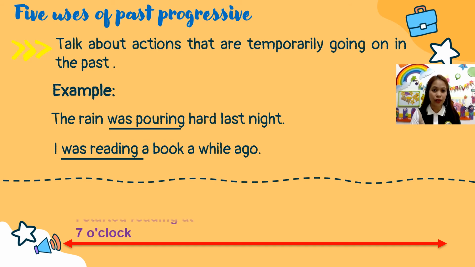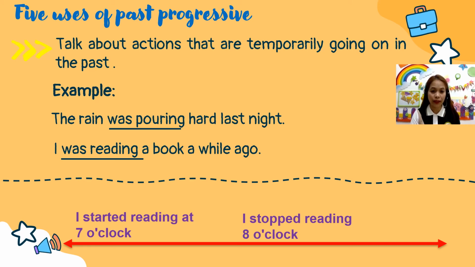Perhaps I started reading at 7 o'clock, but I stopped reading at 8 o'clock because maybe I was just tired or maybe I needed to do something. So the action, as you see here, is temporary, meaning I haven't finished reading the book. I just maybe put it on the table and later I will continue reading it. Okay? Understand? Grade 6? Oh, well done.